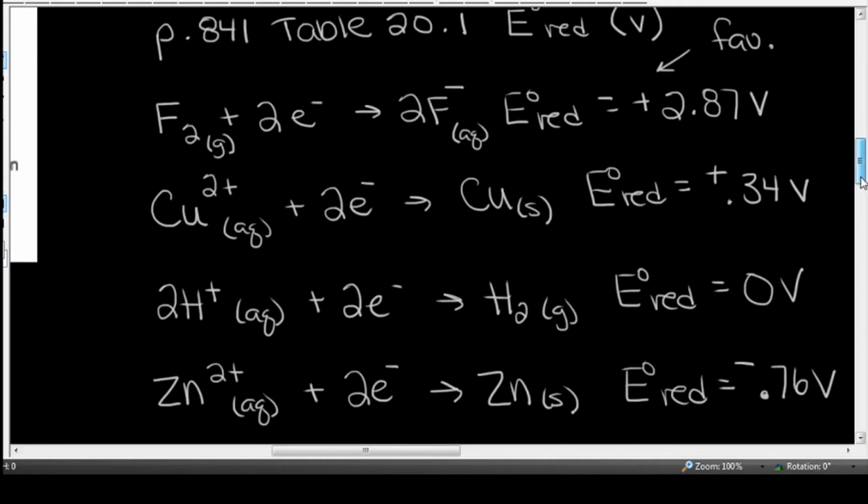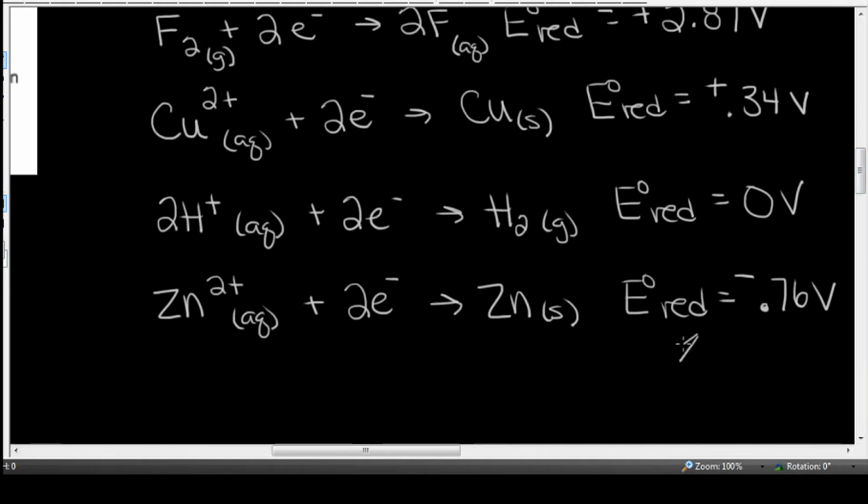That's not favorable. That means, as compared to hydrogen, that's not what's going to happen. Zinc 2 plus is not going to steal those 2 electrons. It would take an application of voltage to get that to happen. It would not happen spontaneously. So these negative reduction potentials are not favorable. The positive reduction potentials are favorable.